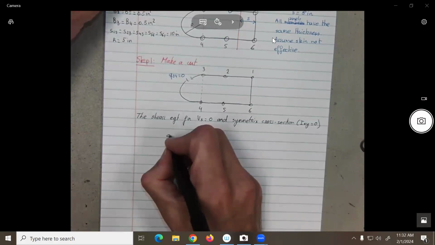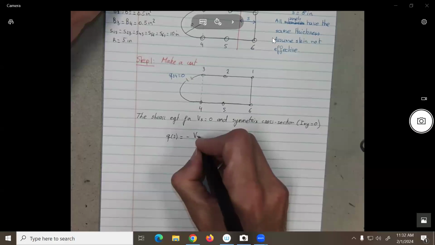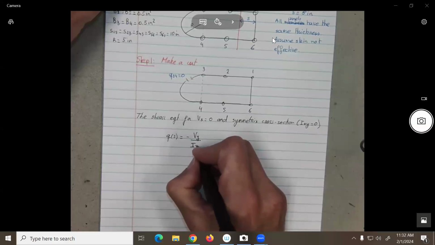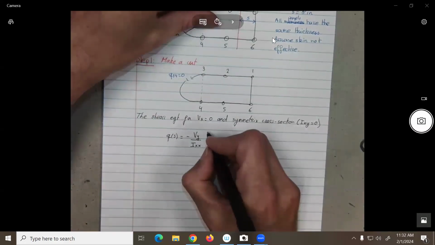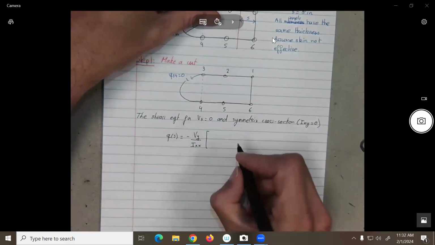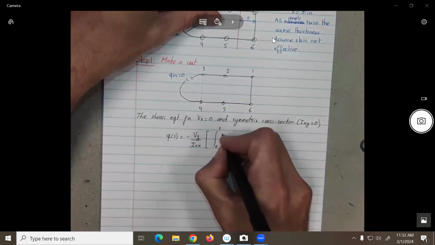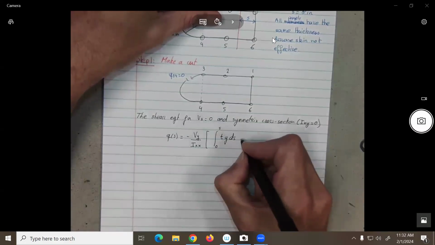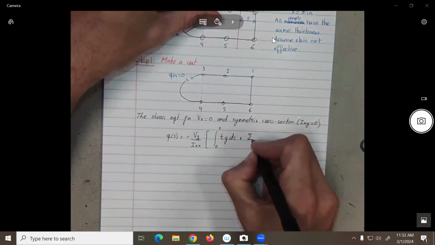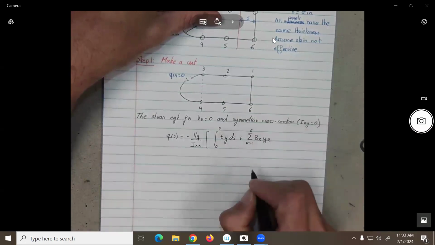So the equation here, Q of S becomes minus Vy divided by Ixx, and then we have over here the two terms. One is the integral from 0 to S of tY dS, plus the summation of R equal to 1 to 6 of B sub R Y sub R.